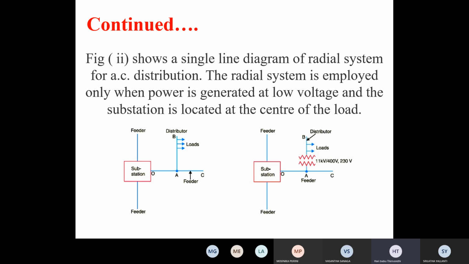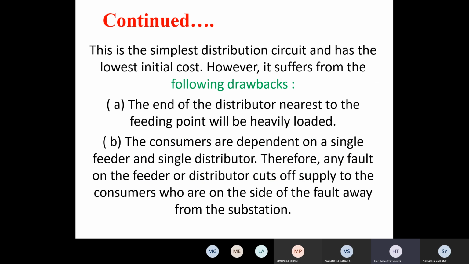So for the radial feeder, the advantages are that it is simple and has low initial cost. The disadvantage is that at the far end, the load end, the distributor may be heavily loaded, right? The second one is that consumers depend on a single feeder, a single distributor.